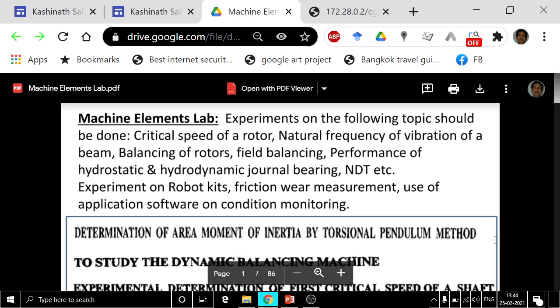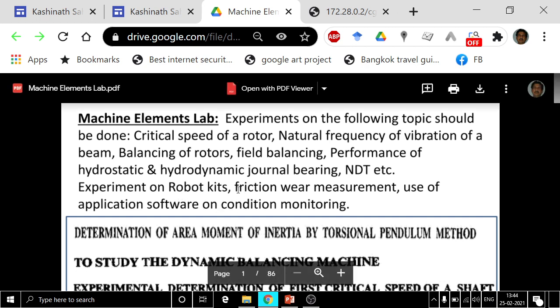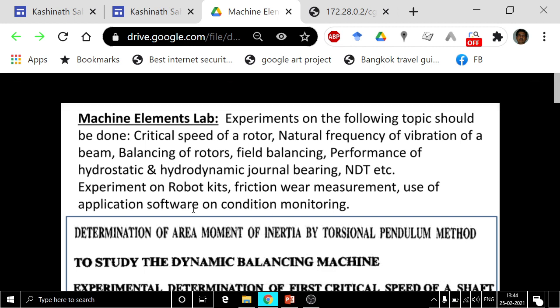Now you see, up to this NDT, non-destructive testing, these experiments we carry out for undergraduate students, and the remaining part is carried out for PG students. Actually, for PG students there are some more experiments. The list is not extensive because the PG experiment part is not standardized.